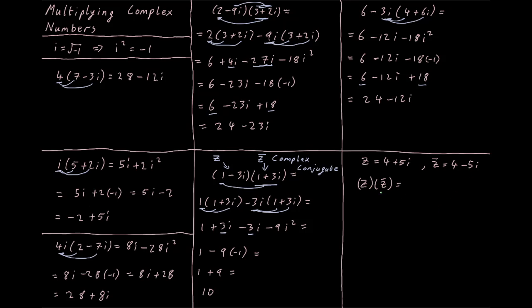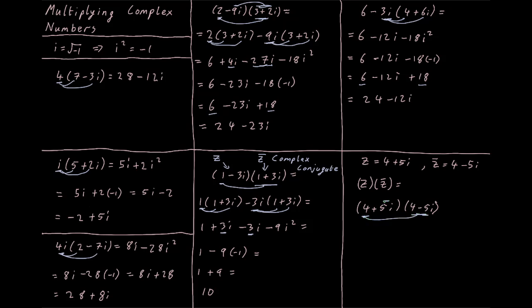So how we can do this is we simply follow the instructions we're given. We're told what z is, we're told what z bar is, and we're told to multiply them. So we just do that. So we have z is 4 plus 5i, and we have z bar is 4 minus 5i, and because I recognize this is a complex conjugate, I'm expecting to get a real number as my answer. So I just multiply this out as I normally would.